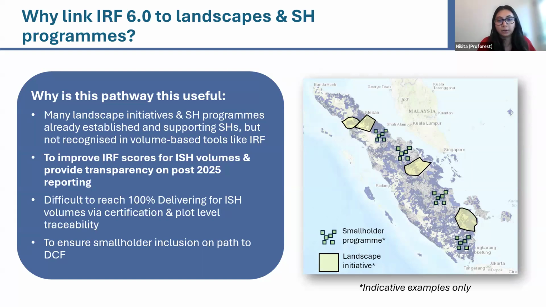Therefore, we are trialing this method to report on the independent smallholder volumes coming from landscape initiatives, to recognize the efforts that landscape initiatives and smallholder programs are doing. This also helps companies improve their IRF scores for independent smallholder volumes and provide more transparency on the post-2025 reporting. And finally, it supports smallholder inclusion on the pathway towards DCF, or deforestation and conversion free. Next slide, please, Sol.